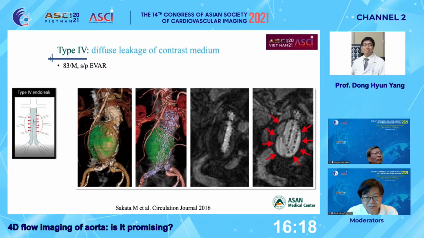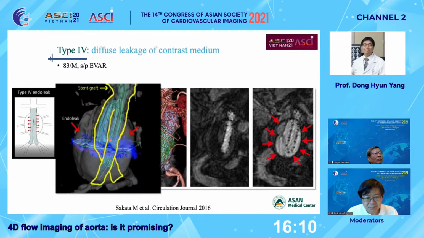This is type 4, diffuse leakage of contrast medium around the aortic stent graft. 4D flow MRI showed a diffuse and multidirectional flow pattern around the stent graft, which is compatible with type 4 endoleak.